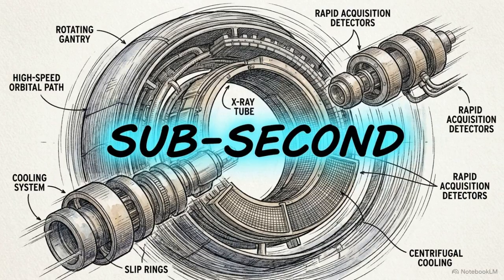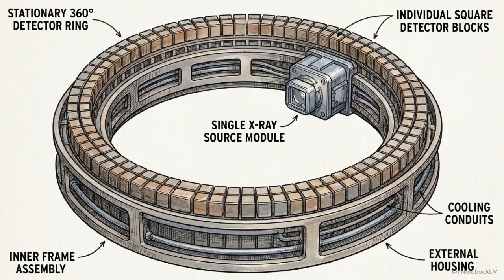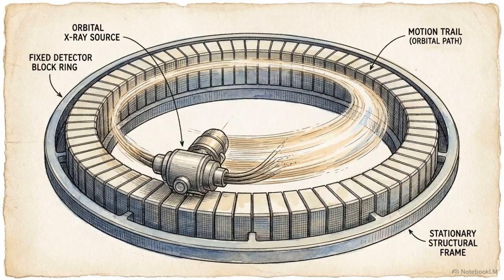With the translation bottleneck removed, a modern third-generation system can spin fast enough to acquire a full slice in roughly 0.3 seconds. Engineers also briefly developed fourth-generation rotate-fixed systems, where only the X-ray tube rotates inside a complete stationary 360-degree ring of detectors, though these are less common today.